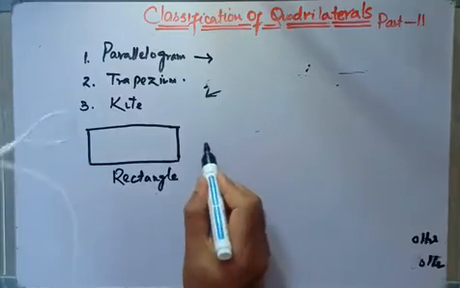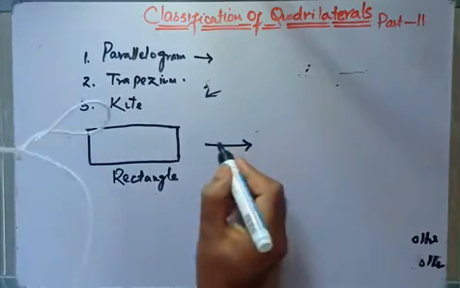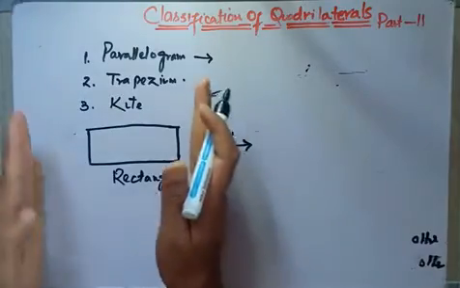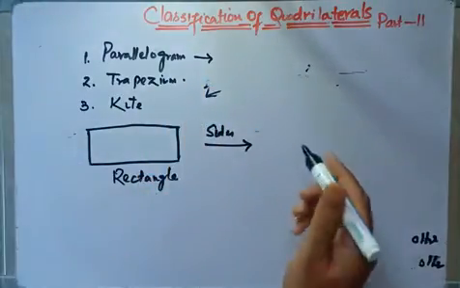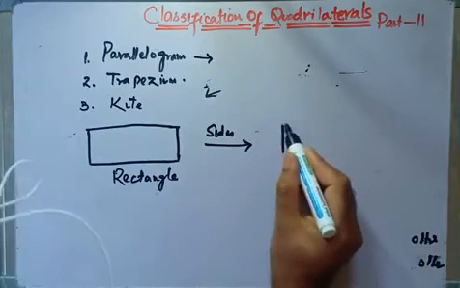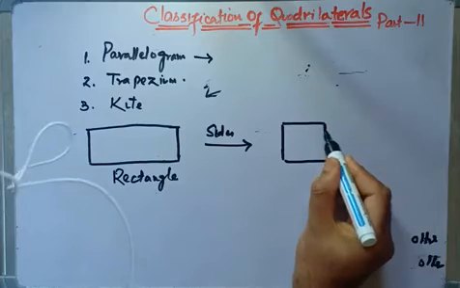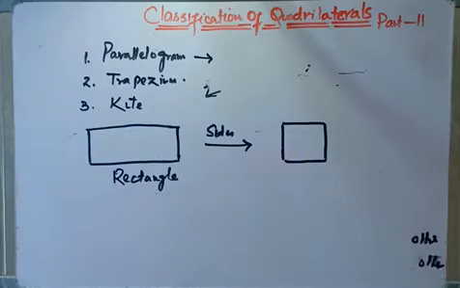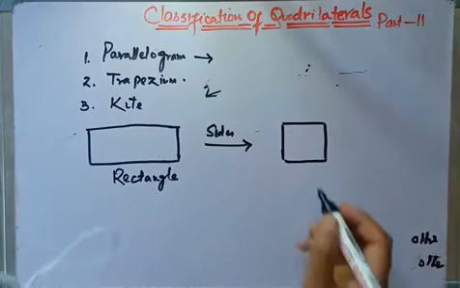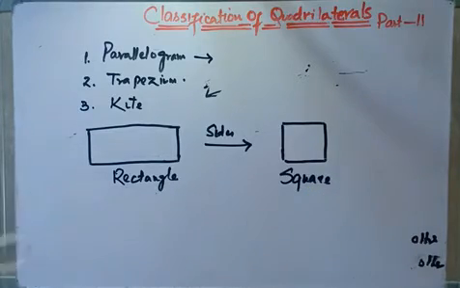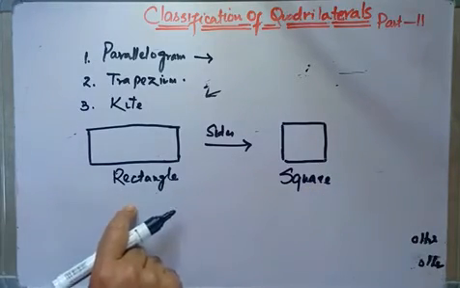So let's try to modify this. We modify with respect to the sides again. Let's push these sides towards the inner side. So what I get is a quadrilateral like this. Do you know what this type of quadrilateral is called? This is nothing but a square. So I got this square from the rectangle, right?